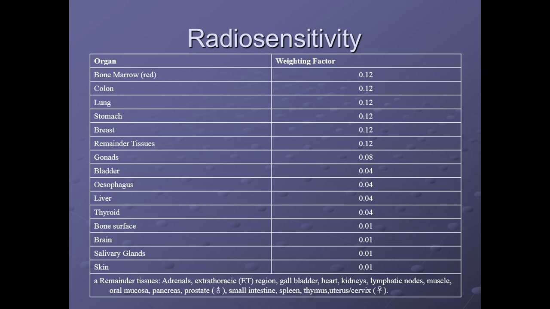You can see here that bone marrow, colon, lung, stomach, breast, and these remainder tissues altogether are the most radiosensitive organs. Then gonads are the next radiosensitive, then bladder, esophagus, liver, thyroid are all similarly radiosensitive, with bone surface, brain, salivary glands and skin being some of the least radiosensitive.